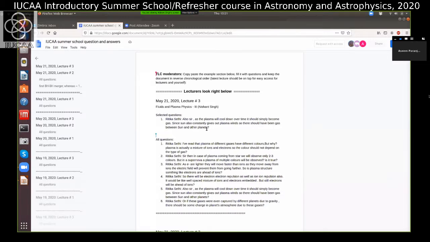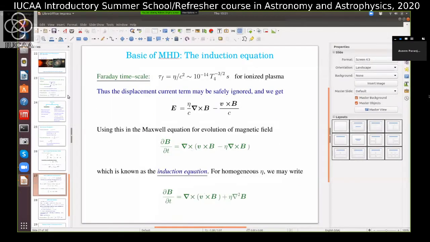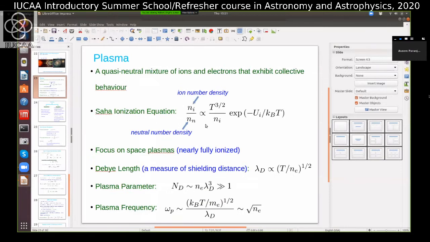Yeah. So I think I said that if you go to any medium, interplanetary medium included, you don't need to have a fully ionized medium for it to become a plasma. A partially ionized plasma is good enough because the conductivity essentially approaches its maximum value already when the ionization fraction is close to about 1%.